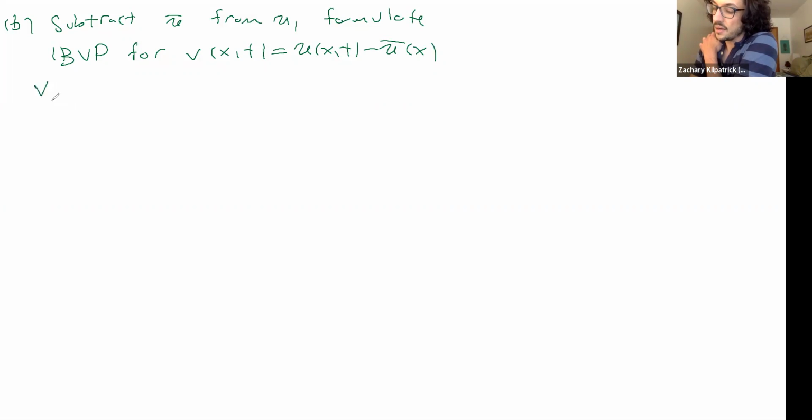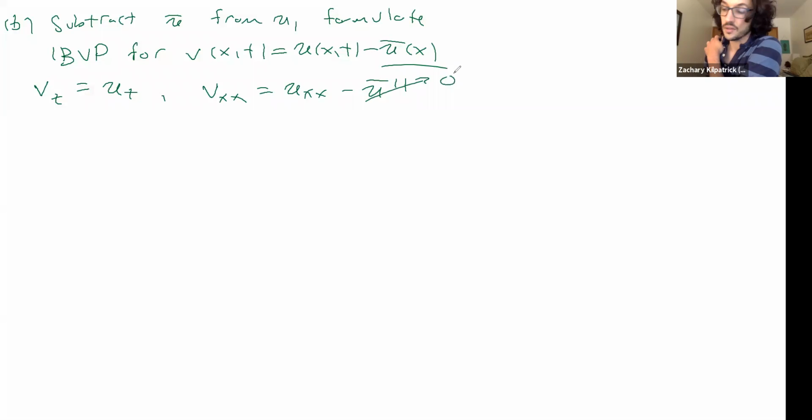So v sub t, in this case, is going to equal u sub t. That's it, right? Because that part goes away. v sub xx is going to equal u sub xx minus u bar prime prime. But remember, u bar prime prime is 0, so that goes away.